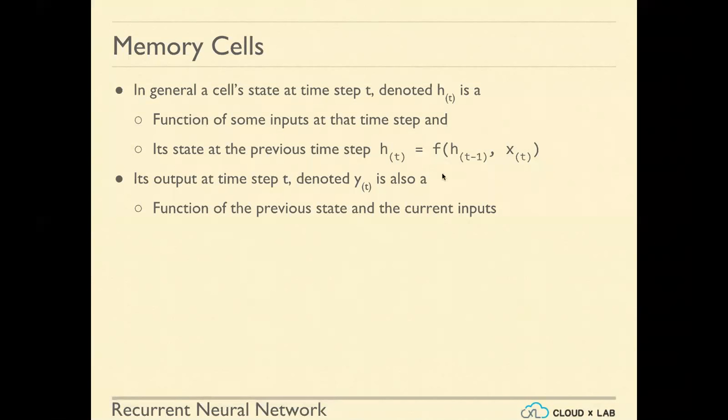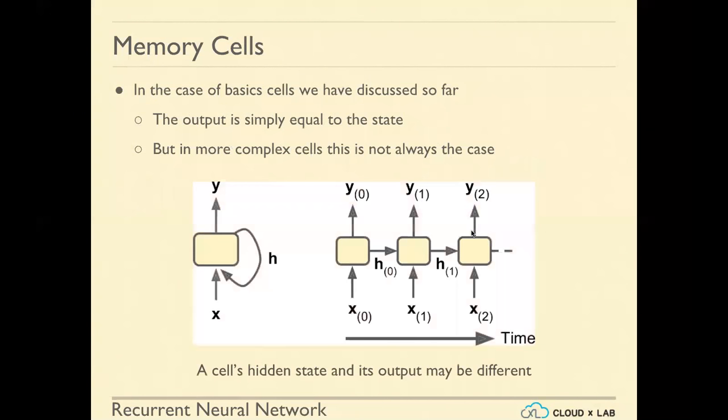So this is what we just studied. So ht, the output, is a function of ht minus 1 and xt. Its output at the time step t, denoted by yt, is also a function of the previous state and current inputs. All right, so like this.